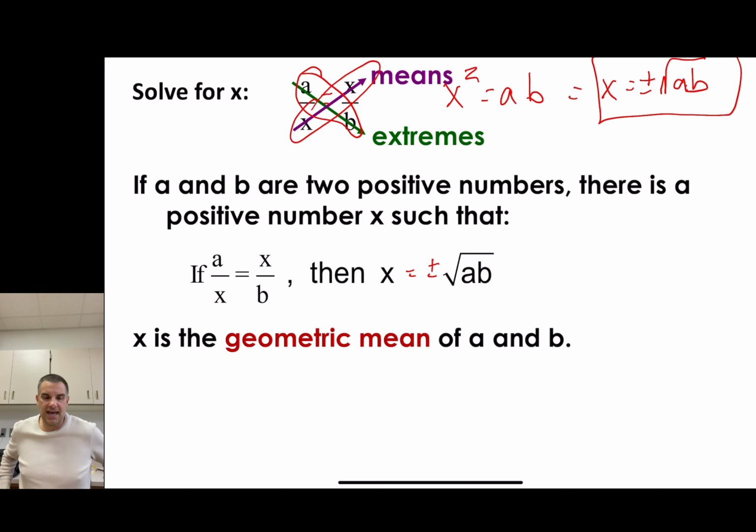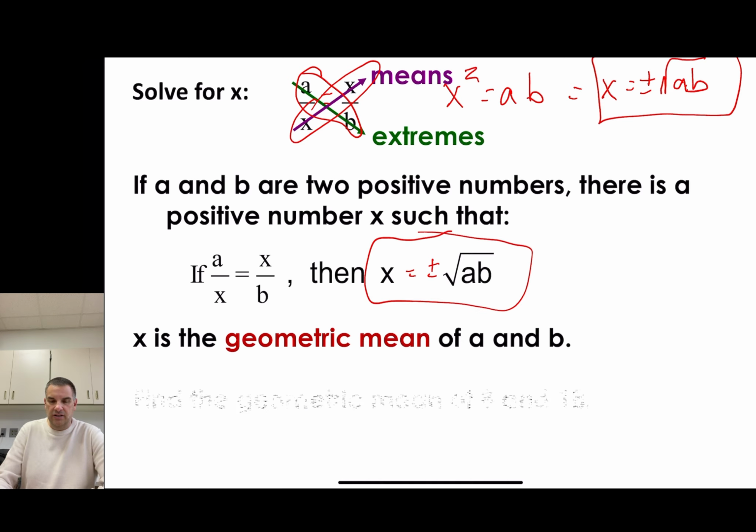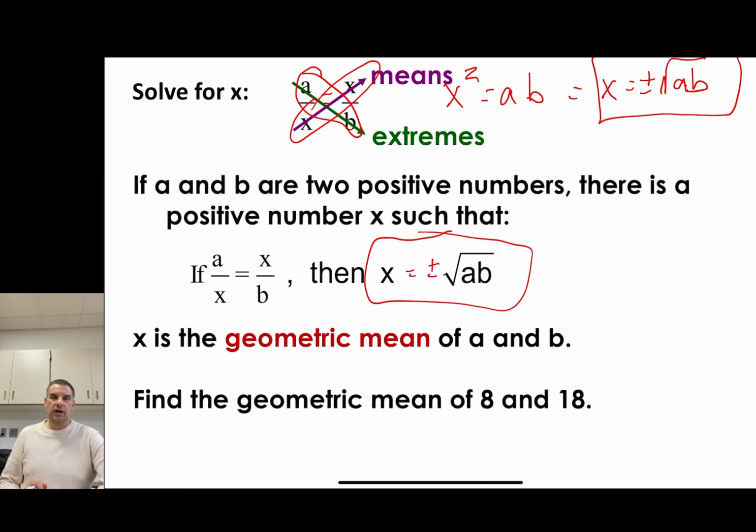So we say that x is the geometric mean of a and b if we can solve that: x is going to equal positive or negative square root of a times b. x is the geometric mean of a and b. And that's what we mean by geometric mean. Geometric mean is essentially the positive or negative square root of two numbers multiplied together.